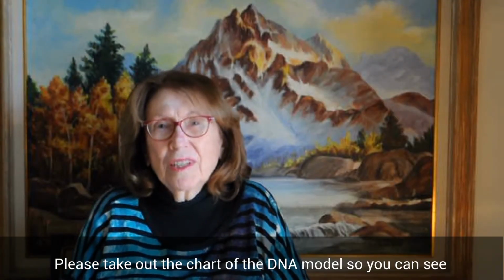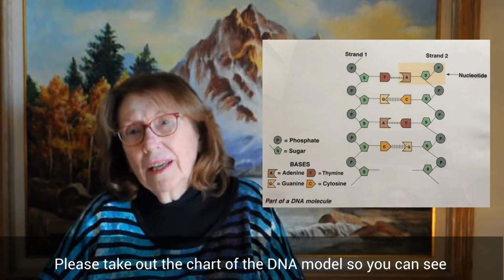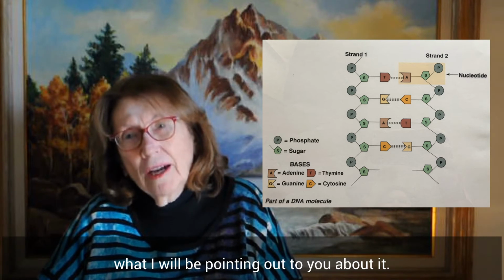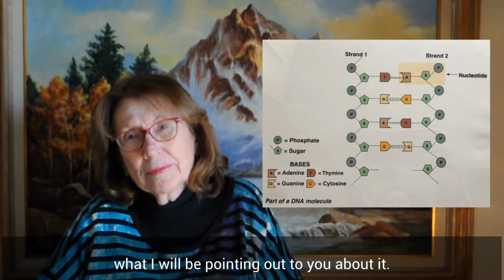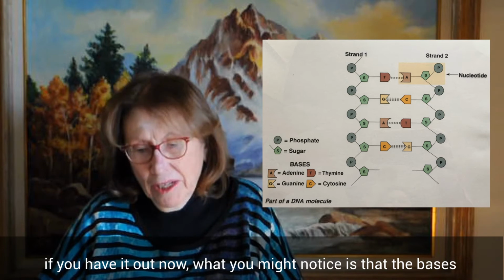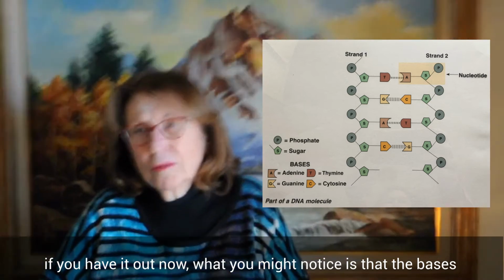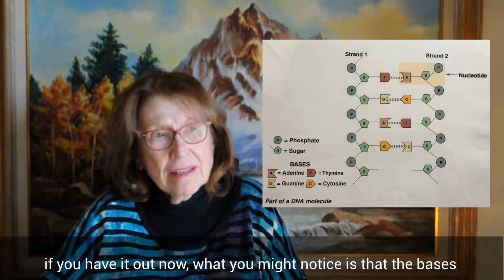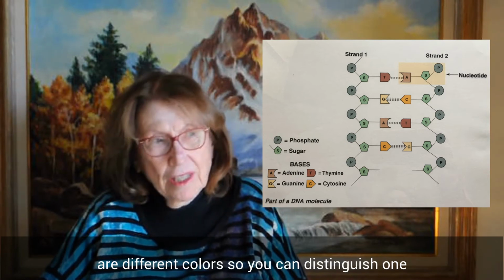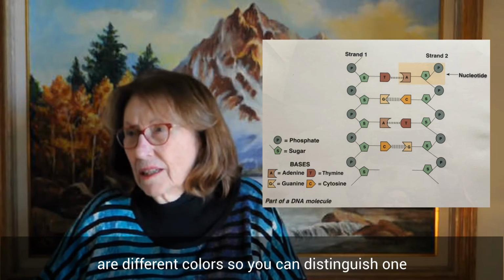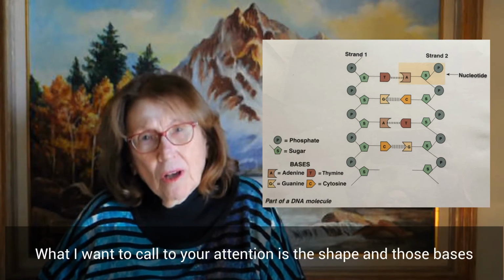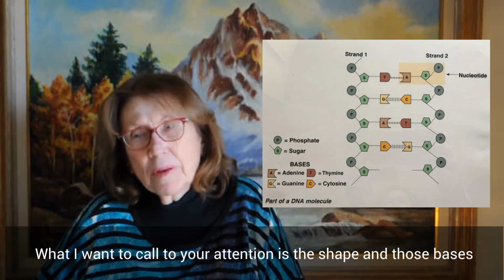Please take out the part of a DNA molecule so you can see what I will be pointing out to you about it. If you have it out now, what you might notice is that the bases, which are different colors so you can distinguish one from the other, what I want to call to your attention is the shape.